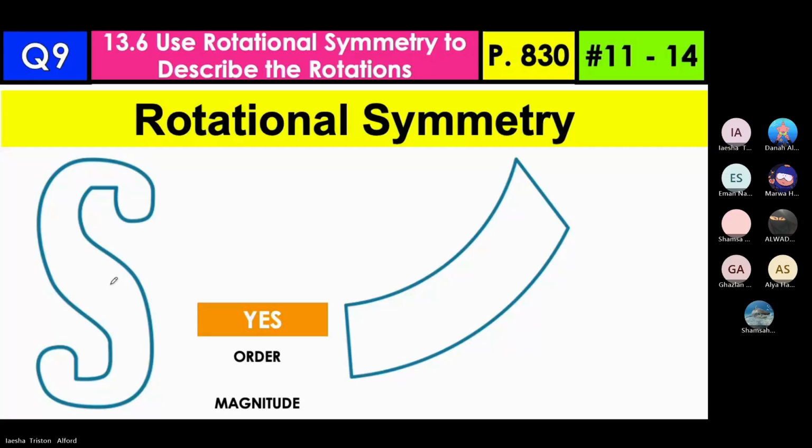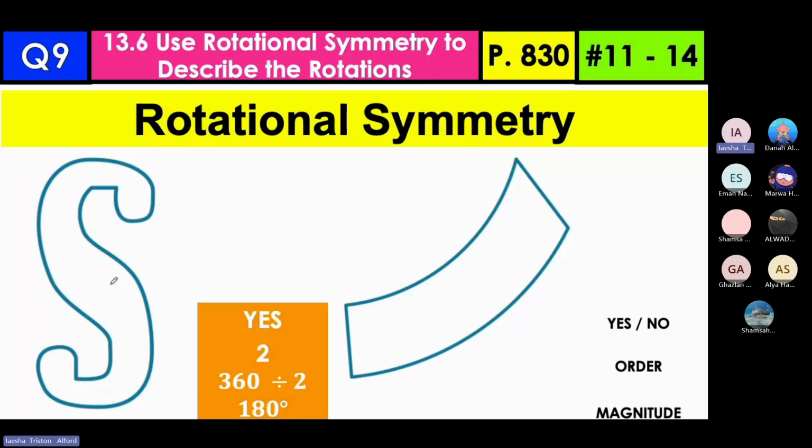This one has 2. How do you find the magnitude? 360 divided by 2 equals 180.